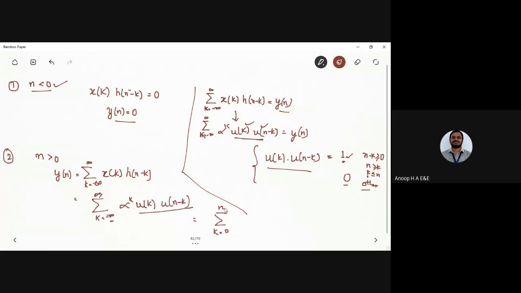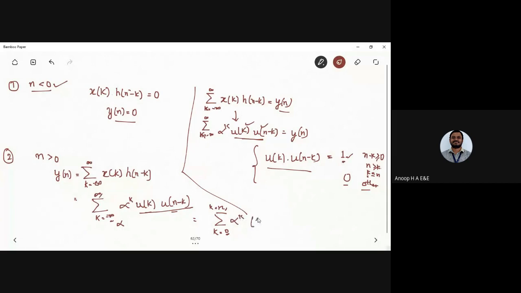So this should be the final limit here. Now where it should start? It should start from 0, because u of k and u of n minus k is a right-handed signal. I cannot take it as from minus infinity to minus 1. So this is the region where I'll be starting it from k equals 0 to k equals n.